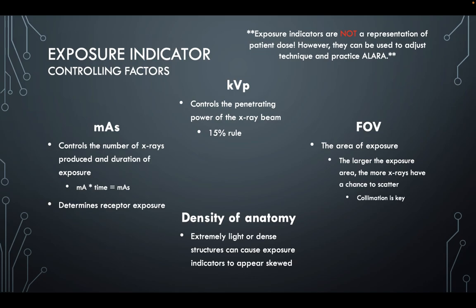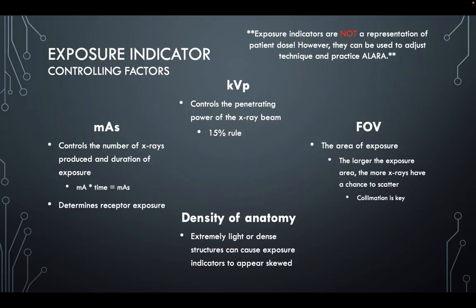And so their bone just doesn't have the density that I was expecting. And so I'm going to have a high exposure indicator, because the system got more x-ray saturation to my detector than it was expecting. And so now I have a darker image than I was expecting.